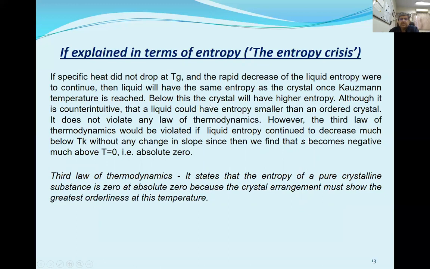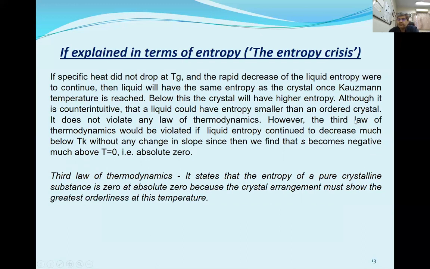In other terms, the glassy state will have a lower entropy than the crystalline state. Although it is counterintuitive, against the normal logic, that a liquid could have an entropy smaller than an ordered crystal, it does not violate any law of thermodynamics. So it can be possible, because it is not violating any law of thermodynamics.